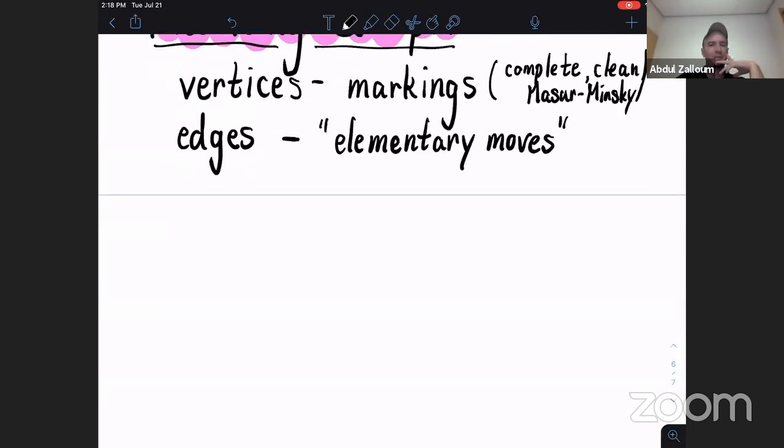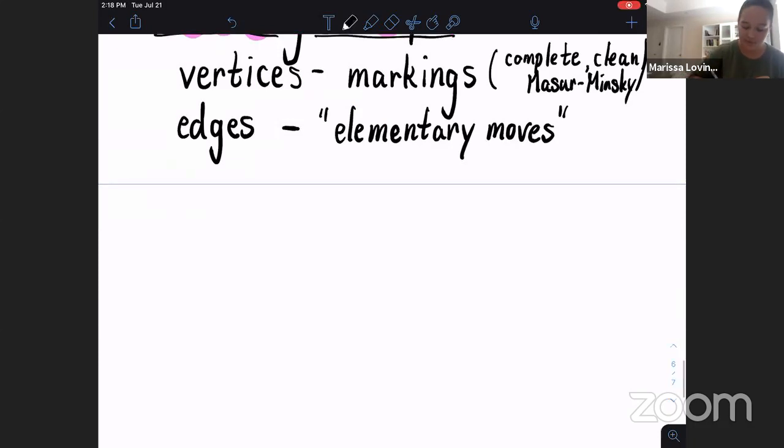Okay. Did we define a marking? We have not defined a marking. So we don't know what a marking is yet, so let's do that. That's a perfect segue. So what are our markings?